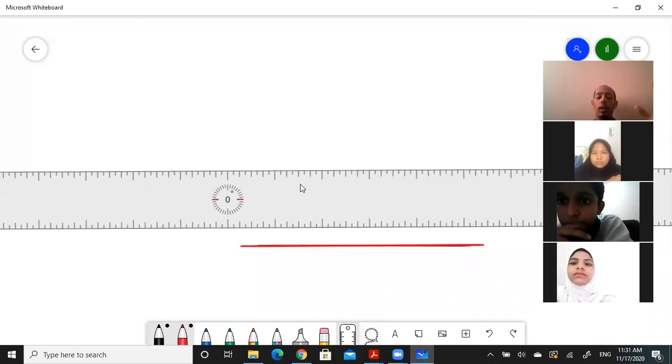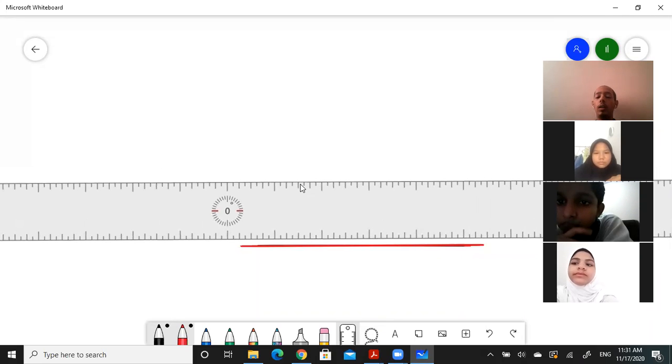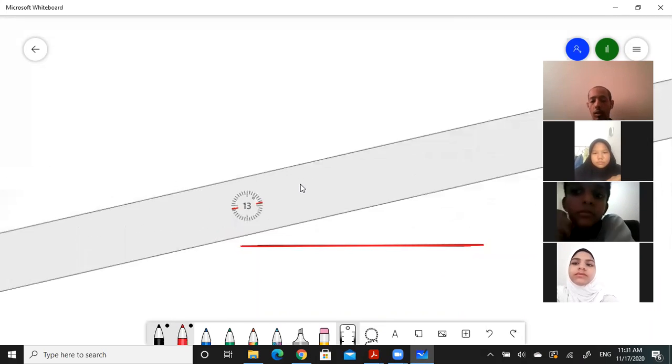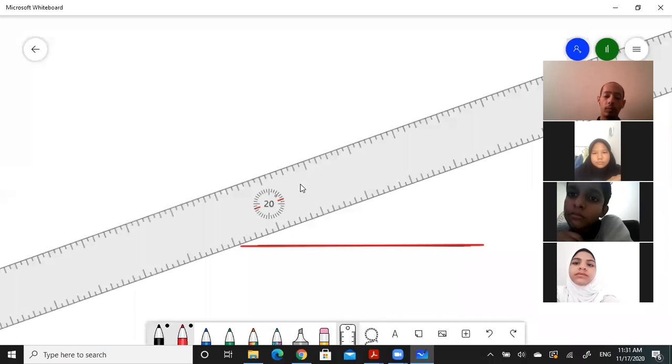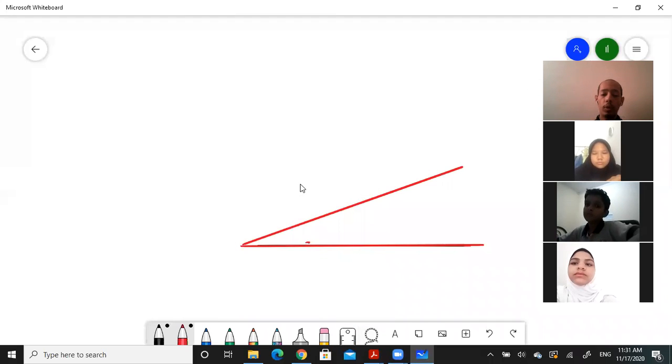Two lines lie on each other. If you want to turn the red line, you turn it, for example, to here. To turn it means to move it from here to here.